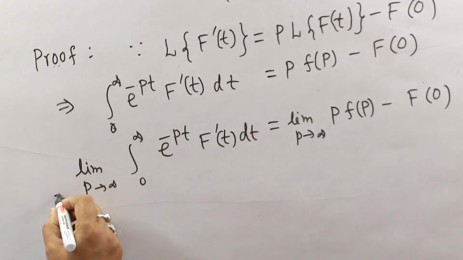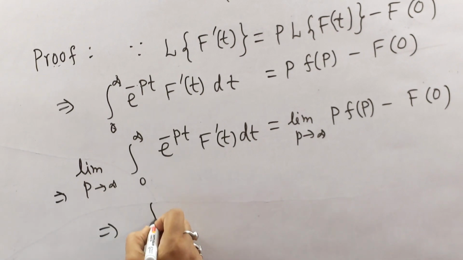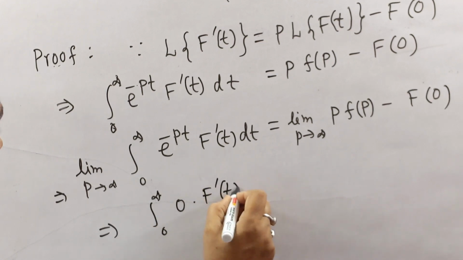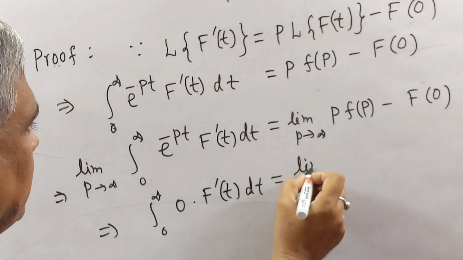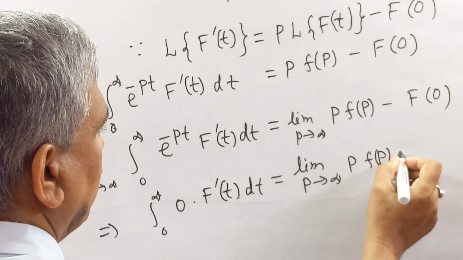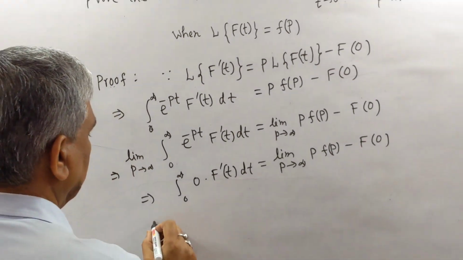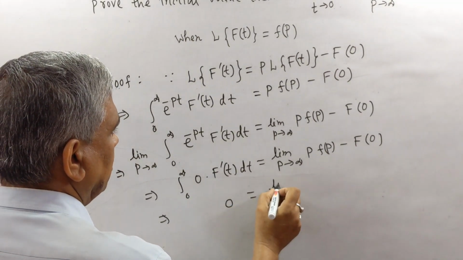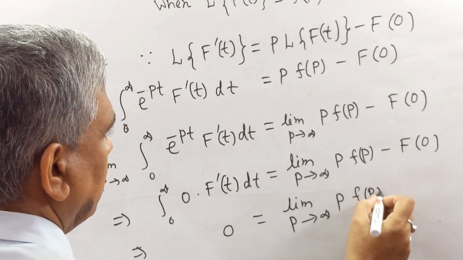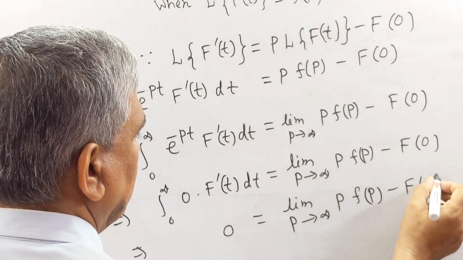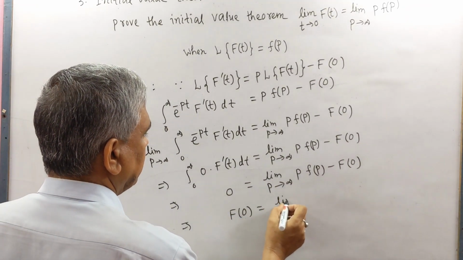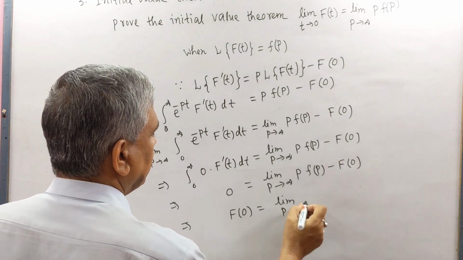So we write the left side as 0, equal to limit p tends to infinity of p f(p) minus f(0), which implies that f(0) equal to limit p tends to infinity of p f(p).